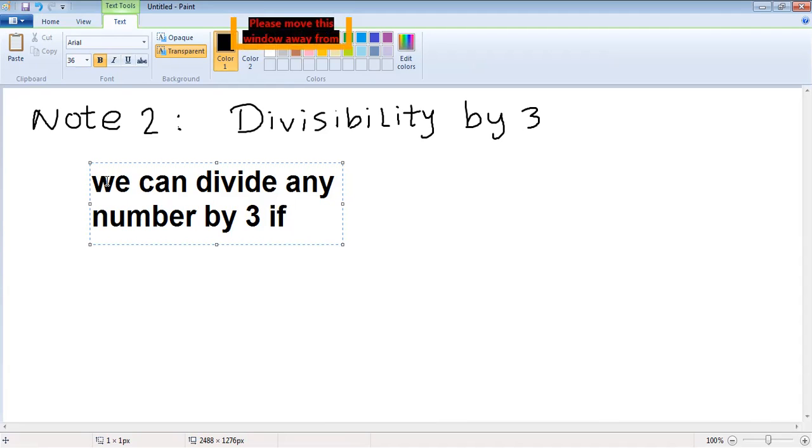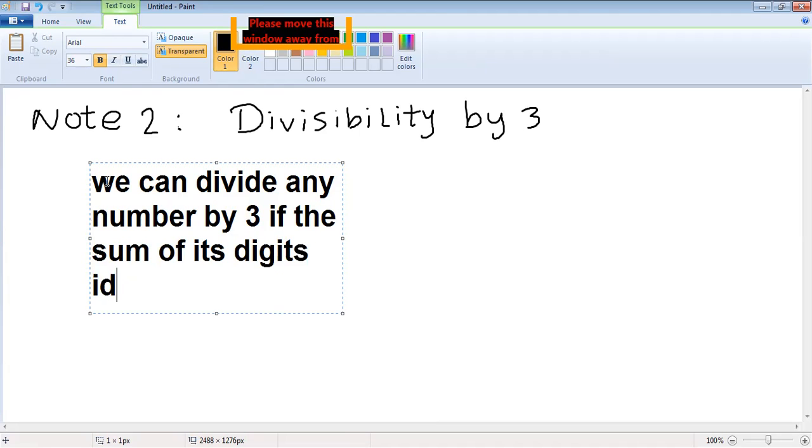if the sum of its digits is divisible by 3.